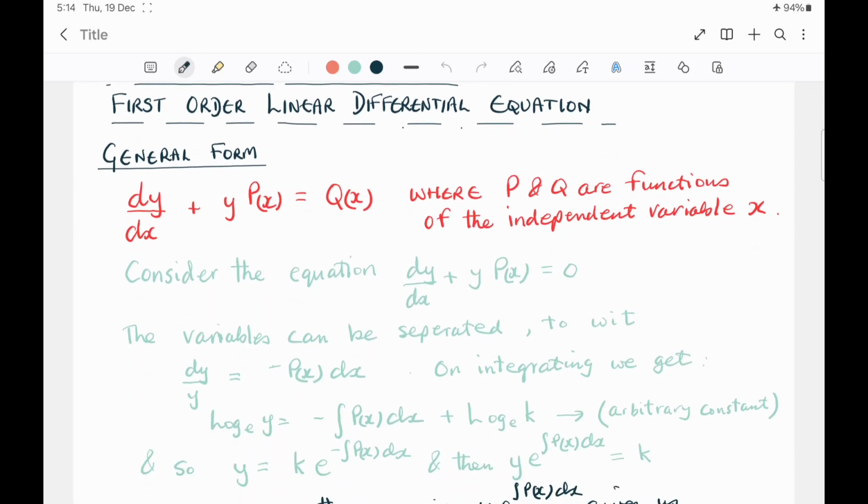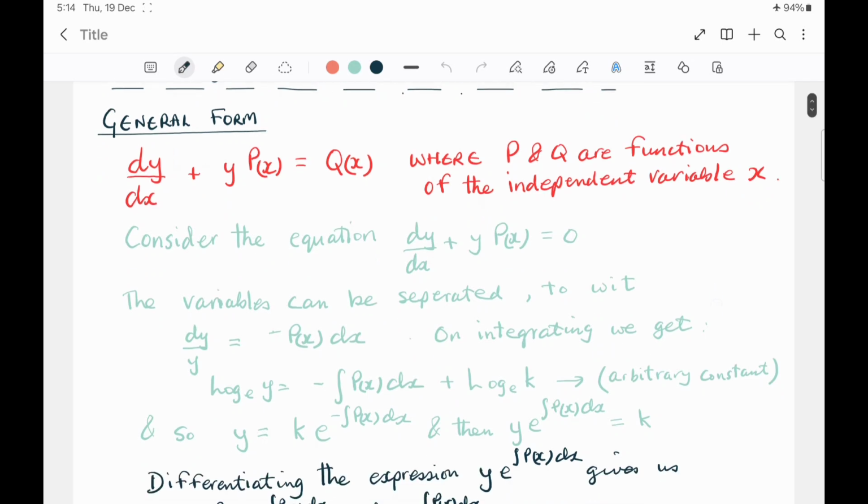In this equation, the variables can be separated so that we get dy over y equals minus p of x dx, and on integrating we quite easily get log to base e of y equals minus the integral of p of x dx plus log to base e of k, which is our arbitrary constant.